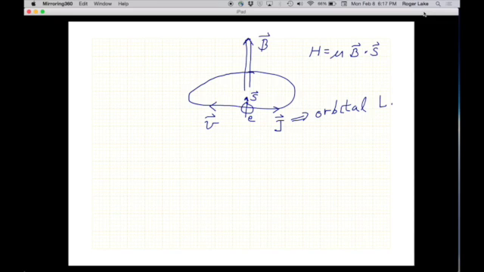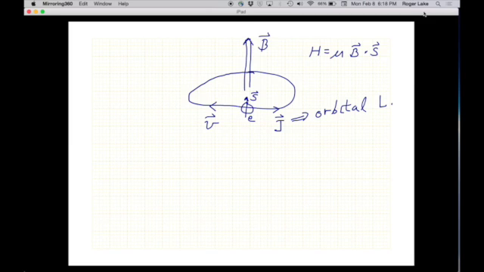Okay, if mu is negative, then the electron will lower its energy by being aligned with the spin, right? So if the spin is aligned with the magnetic field and mu is negative, then it will be in a lower energy state than if it's anti-aligned with the magnetic field, right?